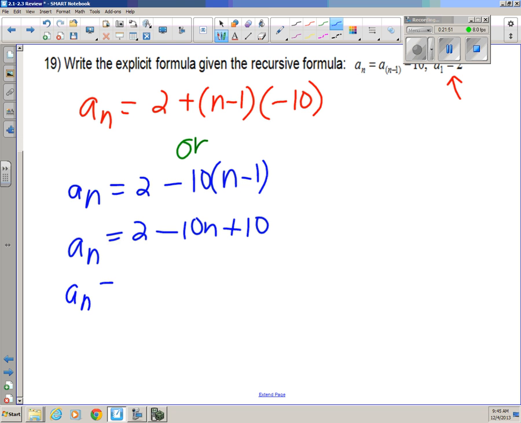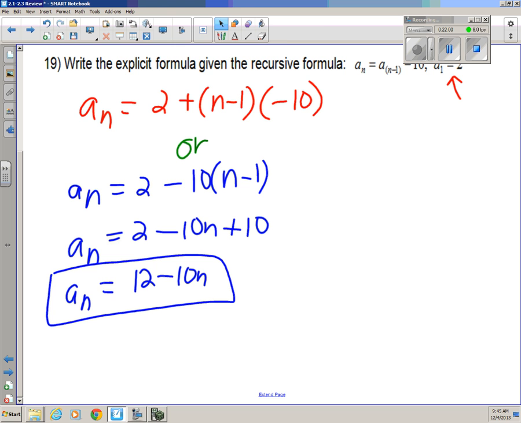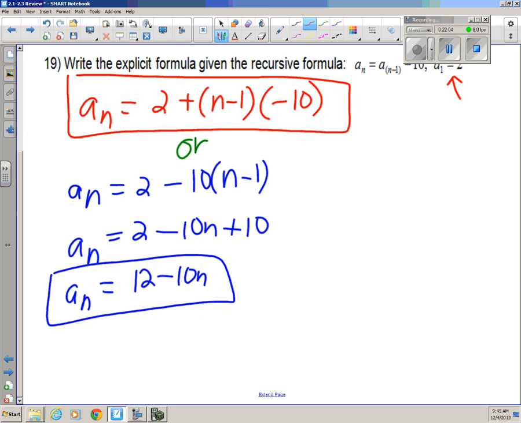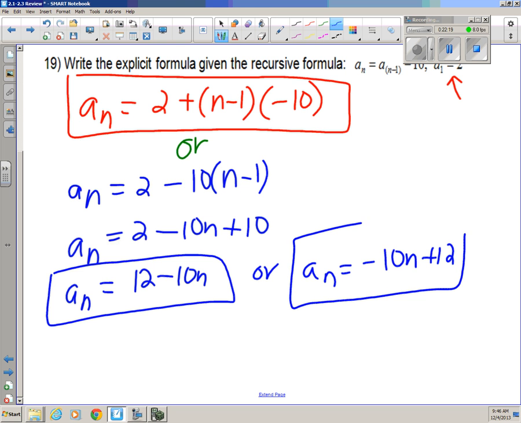And a sub n equals 12 minus 10n. This is fine. It didn't ask you to get there, but you should be able to. The y equals mx plus b look. And this is fine. I will take either one. They are identical. Some people actually might want to write this one as really what it looks like, the y equals mx plus b. So you would do negative 10n plus 12. That's good too. Okay.